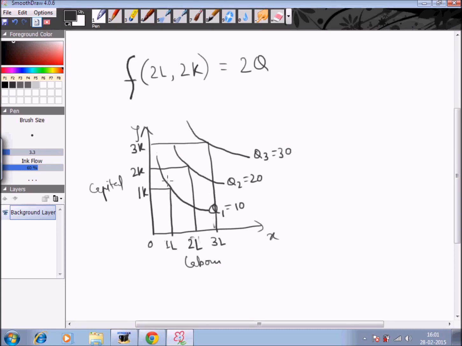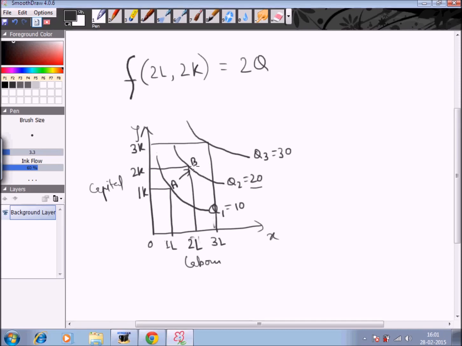So we can see here that as I am moving from point A to point B, I am doubling the use of labor and capital, and my output is also doubled. I am increasing the use of labor from 1L to 2L, and I'm increasing the use of capital from 1K to 2K, and the output produced is also exactly doubled.